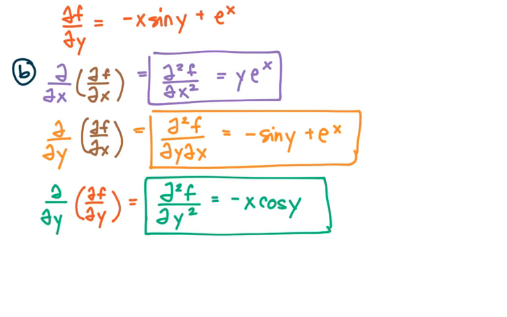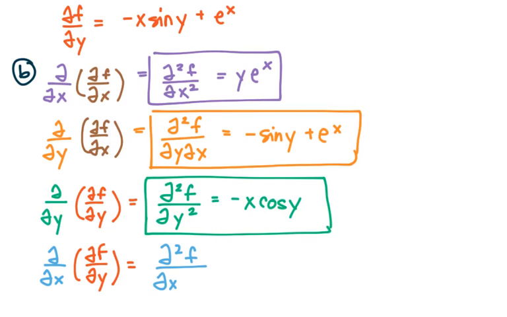So my last piece here, I'm going to find the partial of x of the partial of f with respect to y. So that would give me partial squared f over partial x partial y. That means I'm treating y as a constant. X is my variable.